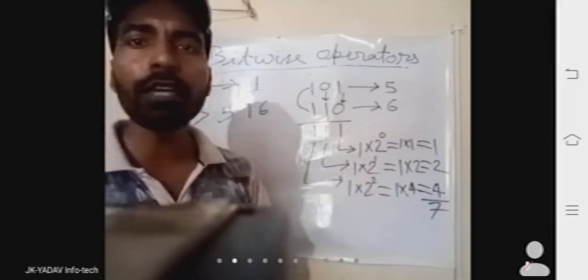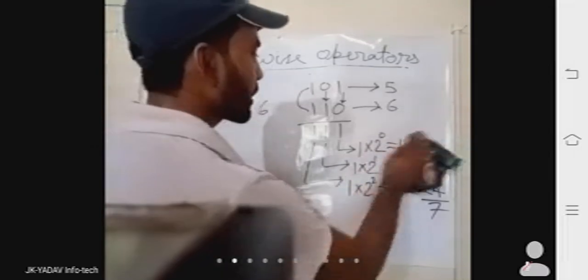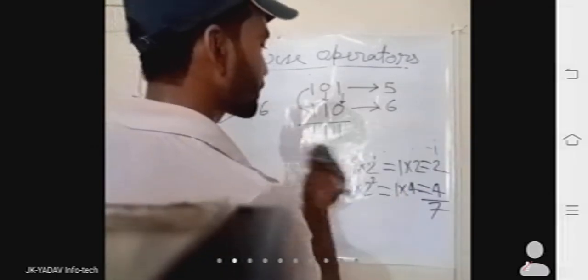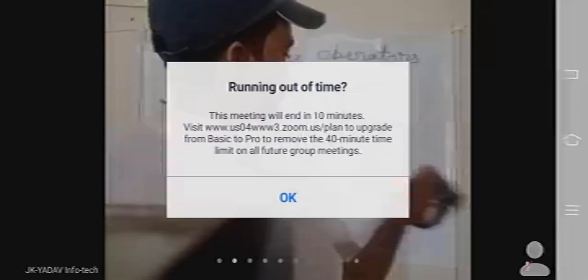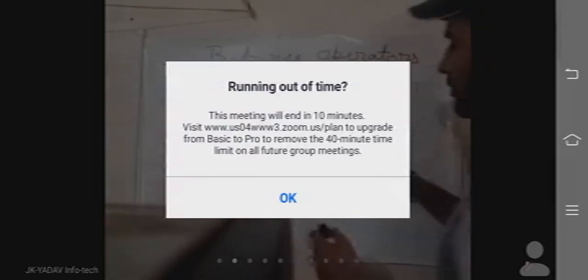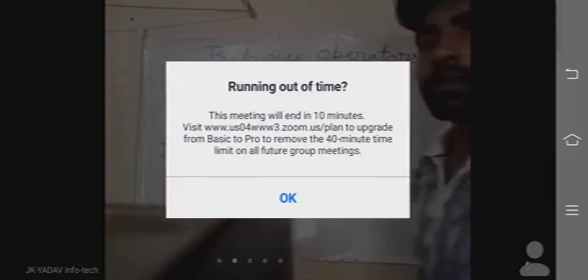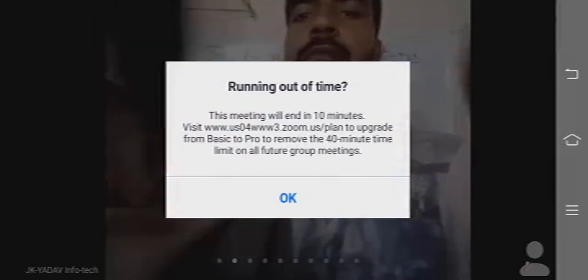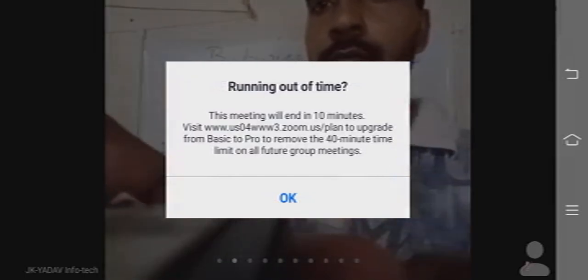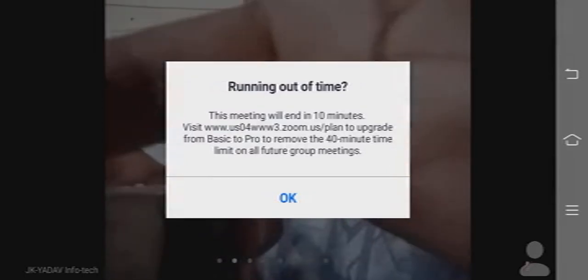There is a shortcut method also. I can tell you the shortcut method.